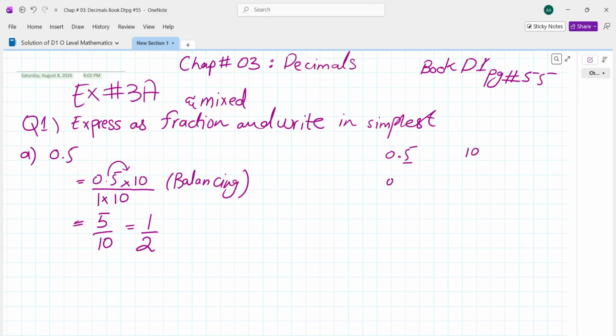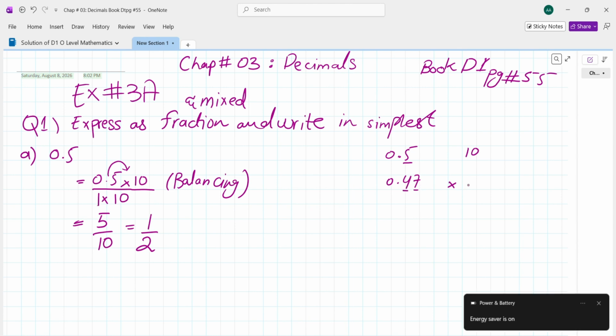If you have the example 0.47, there are two digits, so the decimal moves two places and we multiply by 100. Now the same applies to part B, 0.47, and the answer as a fraction is 47 upon 100. I hope it is clear to you.